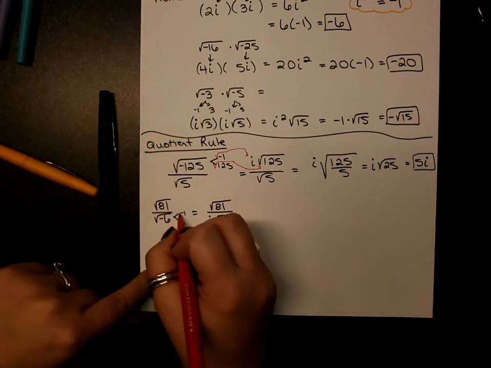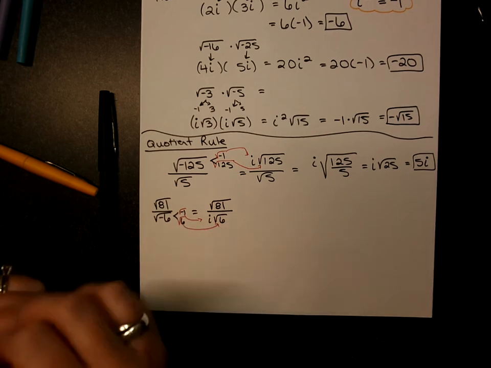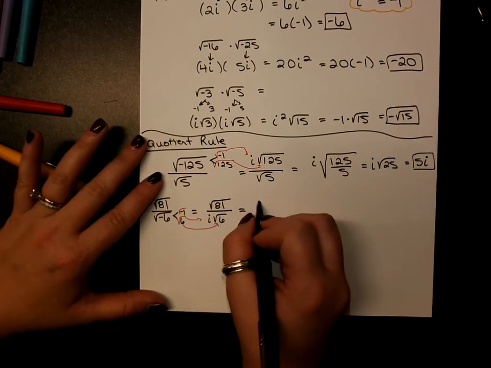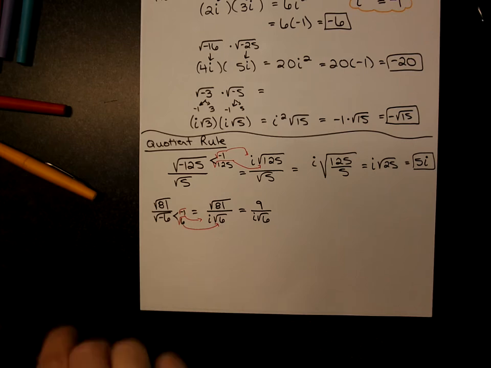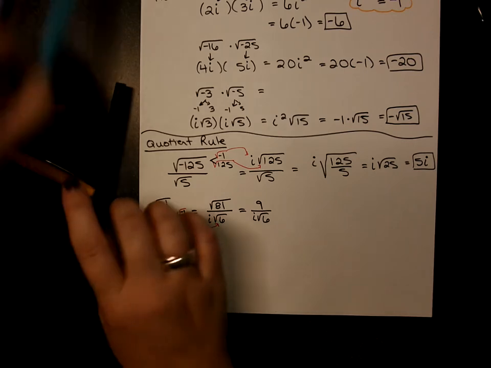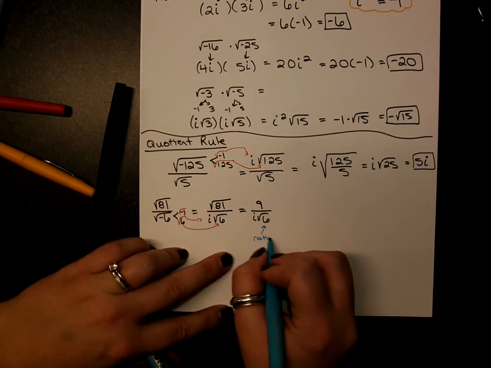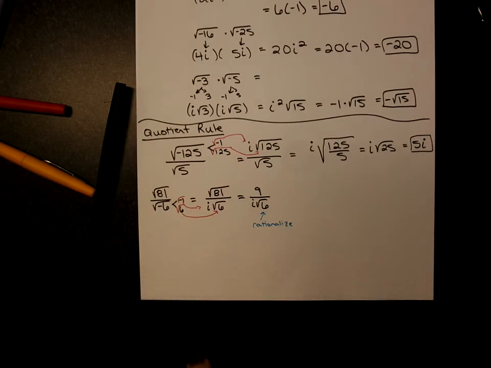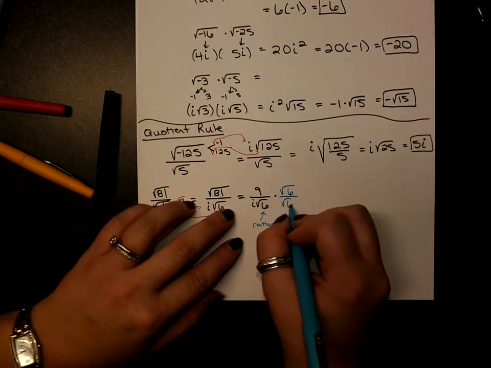And again, that's because the square root of negative 1 becomes i, and the square root of 6 stays the square root of 6. Now I know the square root of 81 is 9 over i radical 6. We learned at the beginning of chapter 11, or towards the end, that we need to rationalize this because we can't have a radical on the bottom. So I'm going to multiply the top by radical 6 and the bottom by radical 6.